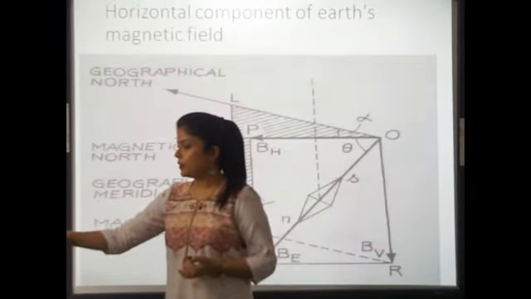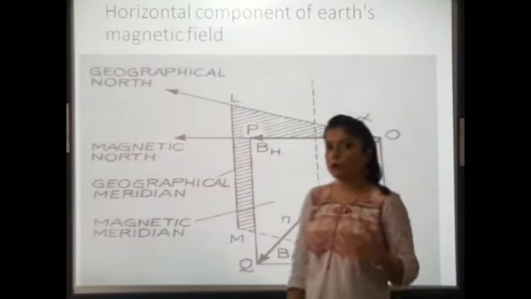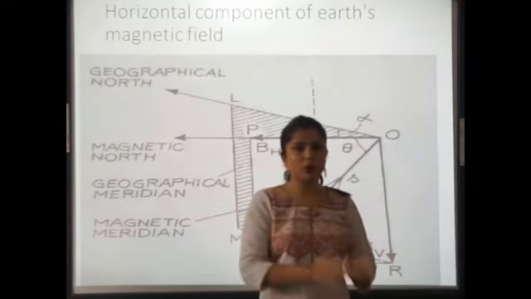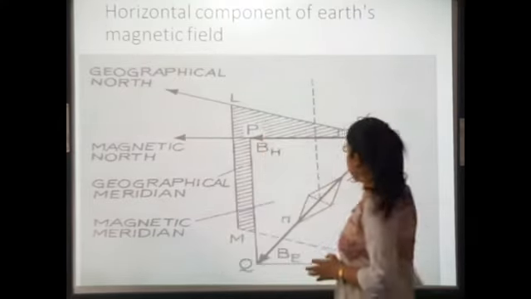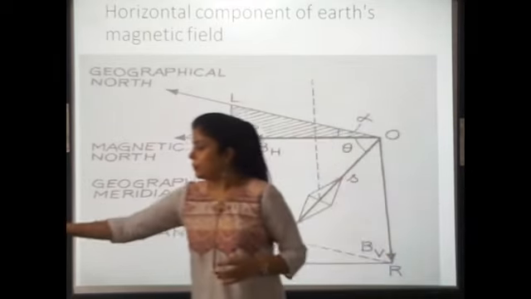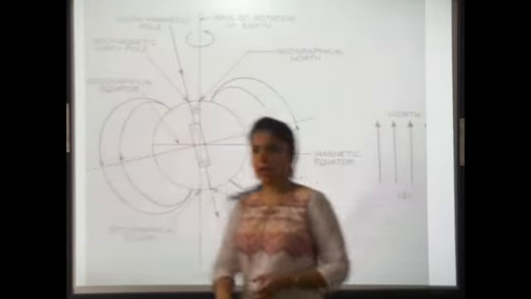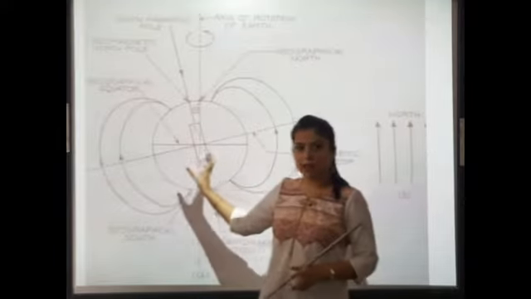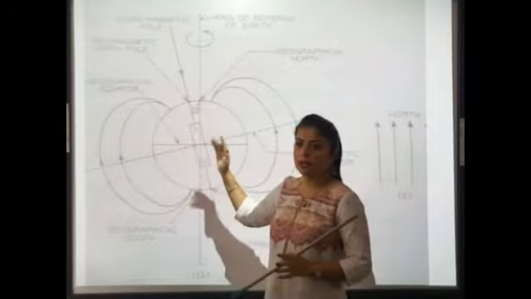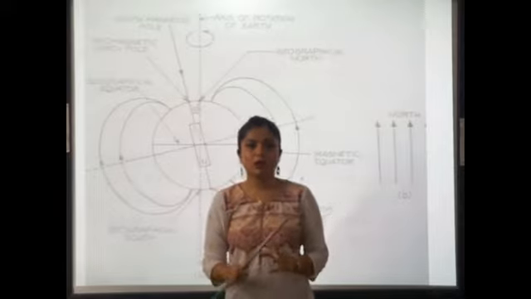In the previous image, the angle of dip theta and angle of declination alpha are different at every place on the Earth, but they also change with time. That means the magnetic field of the Earth, this Earth's magnet, keeps on changing. It is not fixed. It has been changing for many years. It will keep on changing. So that is the difficult part.